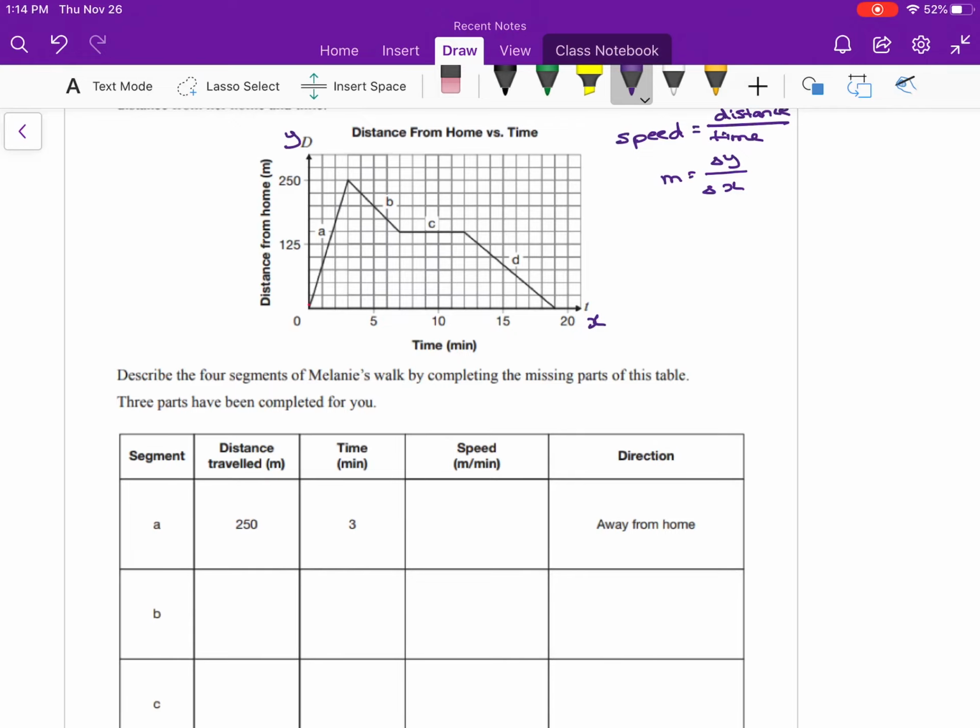So in segment A here, the distance traveled is 250 meters, and that takes 3 minutes.